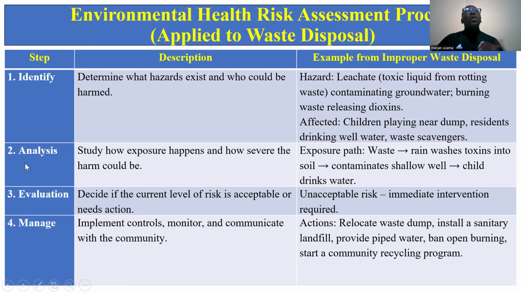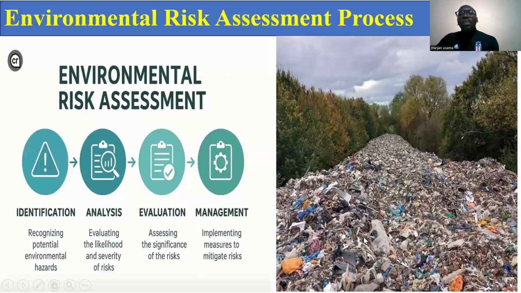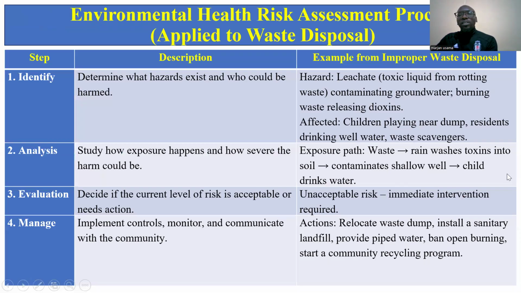Number 2, we analyze. This is where we study how this exposure happens and how severe the harm could be. We study how the exposure happens through what? Waste. So if it rains, the rain is going to carry all this waste to what?